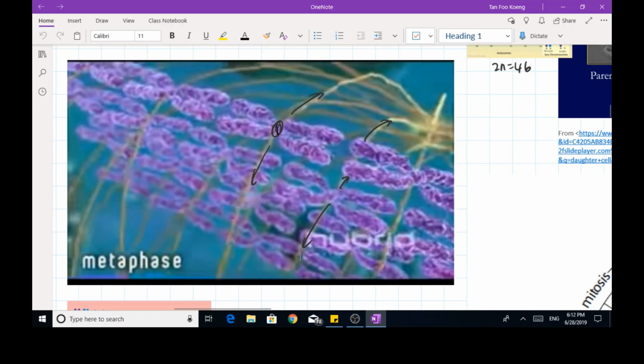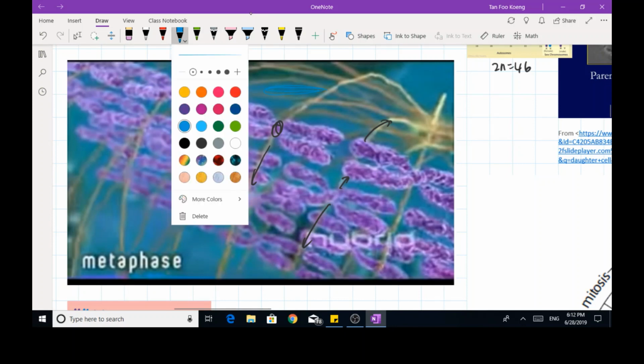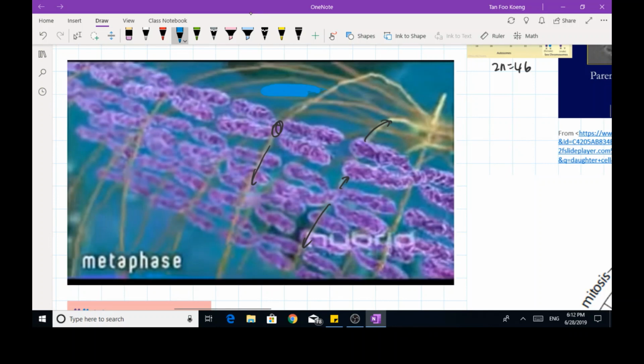So next, right after this will be anaphase. During anaphase, due to the shortening of spindle fibers, the spindle fibers contract, pulling the sister chromatids apart, forming new chromosomes that we call daughter chromosomes. During anaphase, by right, this is what you should observe. This is a chromosome, and this is another pair.